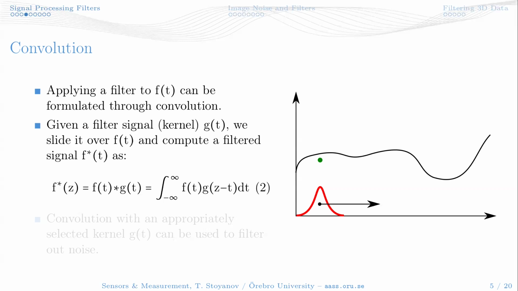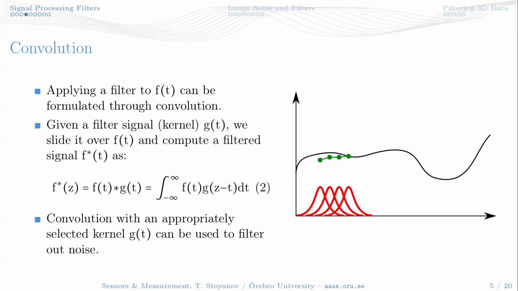You take the integral. So at any point z, the integral is f of t times g of t, so multiplying the two signals together. And here you have to vary, of course, the variables correct. That's what we get, right? We move along.